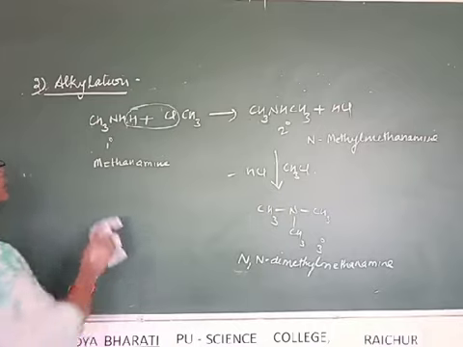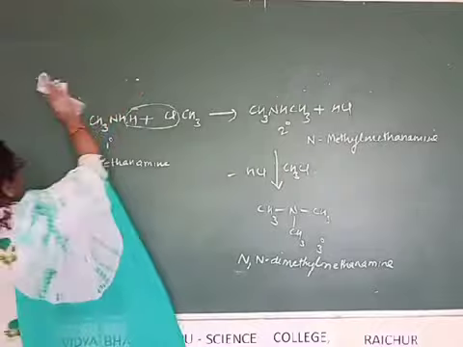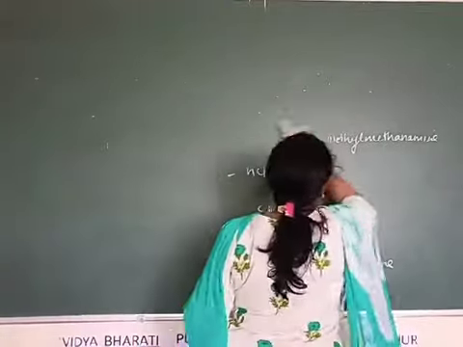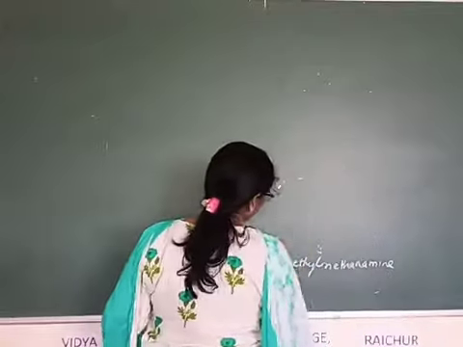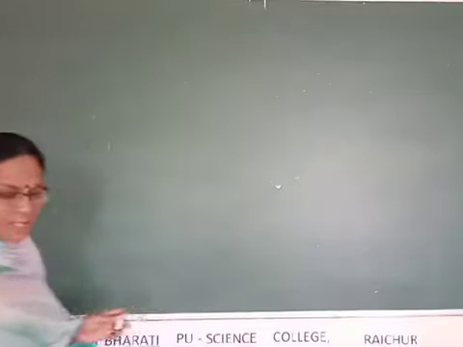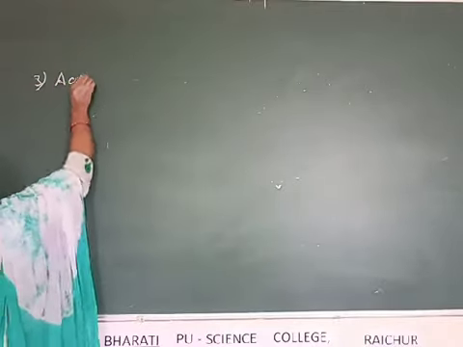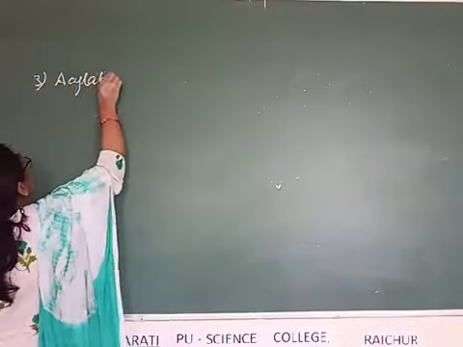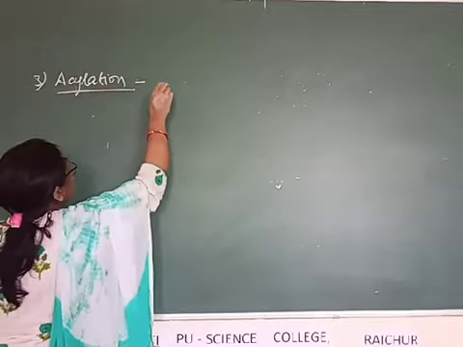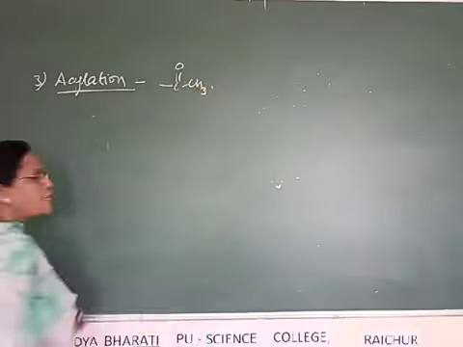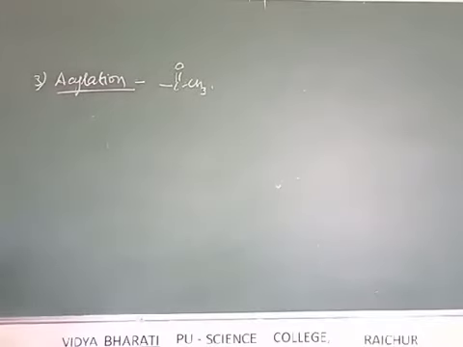Okay. Now the next one is acylation. Third property. Acylation means introduction of an acyl group. Acyl group is the COCH3 group.